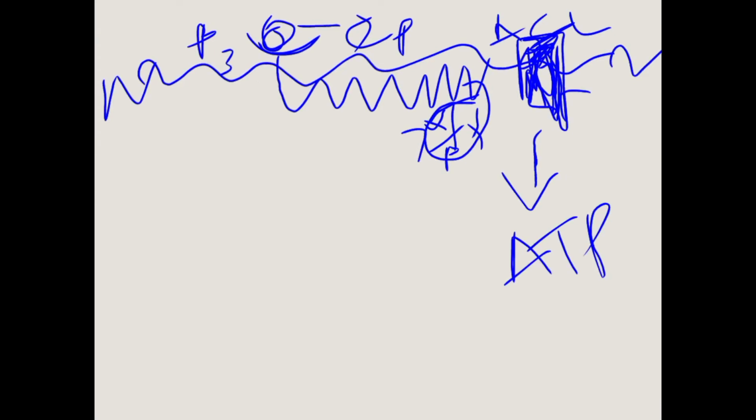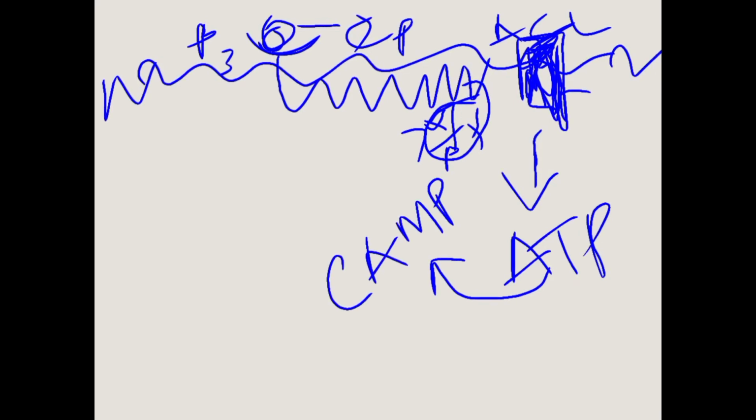If it acts on ATP now, converting it to what? Cyclic AMP. Since they say cyclic AMP, it means the phosphate, a single phosphate now, is connected to the third and the fifth carbon of the ribose sugar. So it's connected to the third and fifth.